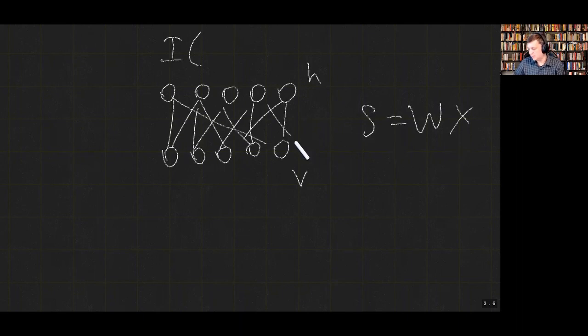W is our demixing matrix now, because we are unmixing. Well, I redefined all of the notation, X is V, S is H.